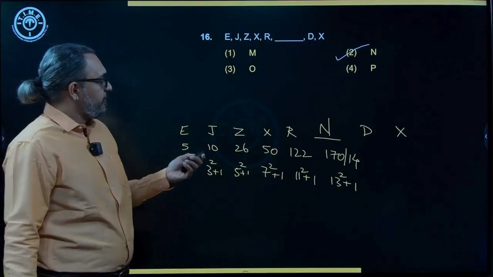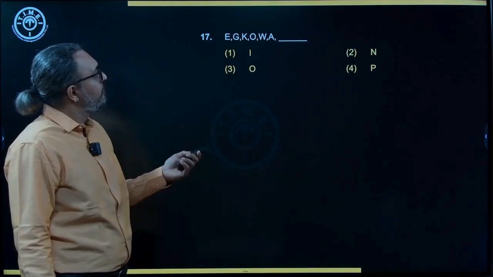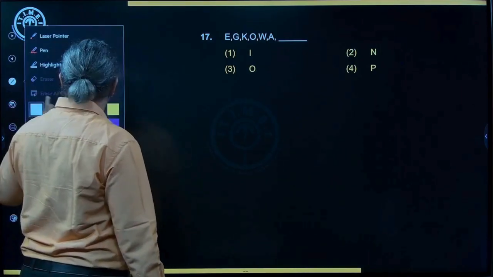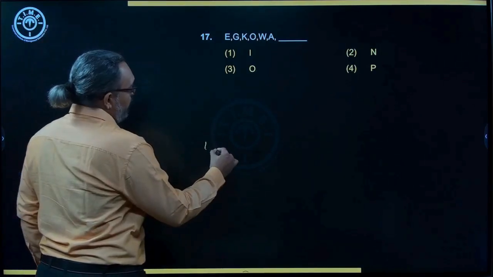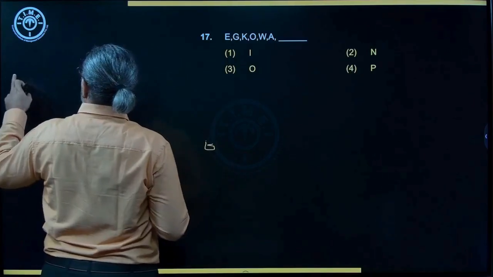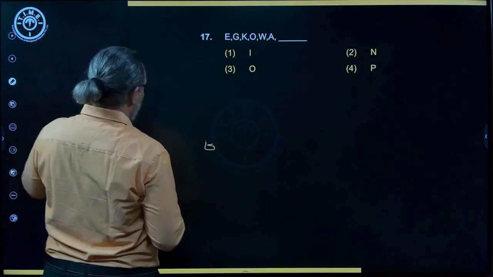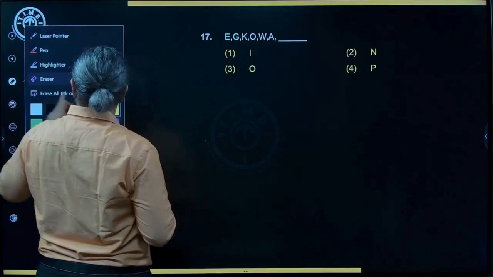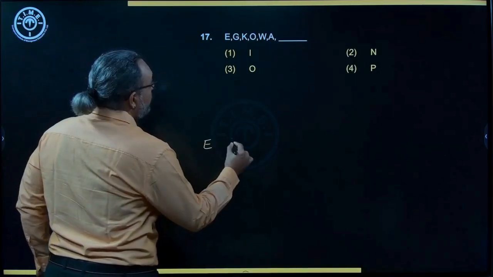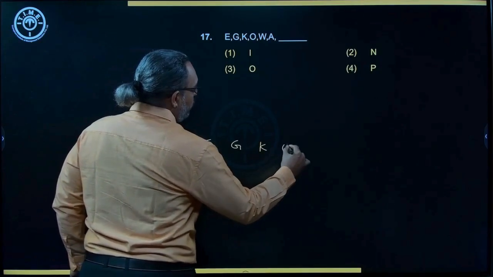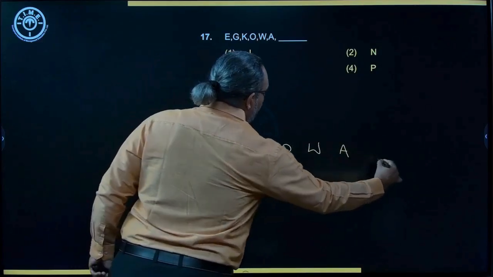Then next, and next again you have some alphabets. We have E, G, K, O, W, A, blank.